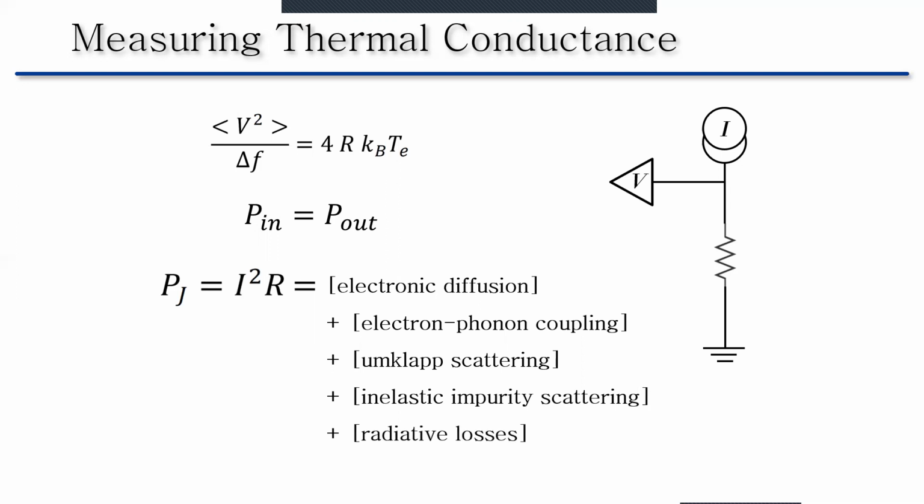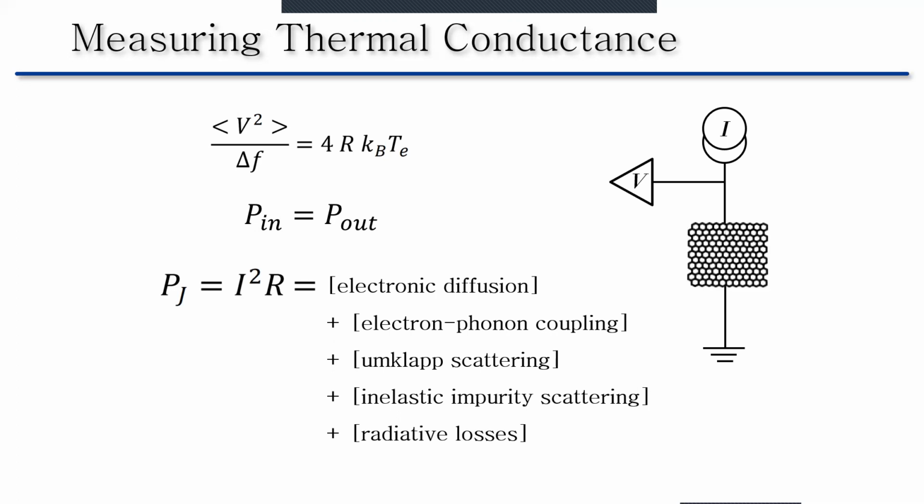There's really a whole zoo of losses, and that should be an intuitive idea, because if you've ever seen a light bulb, or perhaps older light bulbs, you know that they give off the light that you want, but they also give off heat, right? So every time you drive these currents, you're losing energy in many different ways. And which ways you lose depends very much on the details of the system.